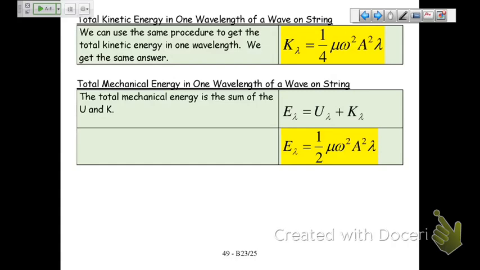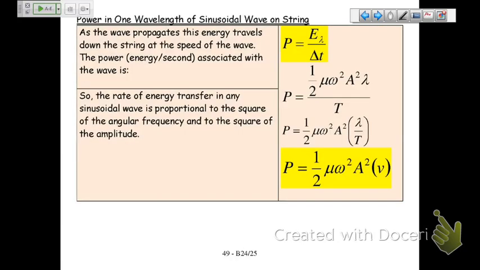If I take the kinetic energy in one wavelength and it's 20 joules, and I tell you that, then I've told you that the potential energy in that wavelength must be 20 joules, because remember the pendulum? The maximum of your kinetic was equal to the maximum of your potential, because it's energy conservation. And therefore I told you the mechanical energy was 40 joules. So a nice little conceptual bit dressed up as wave stuff.